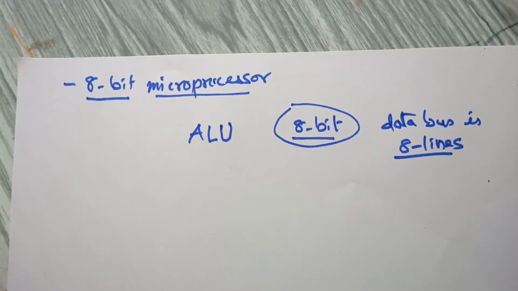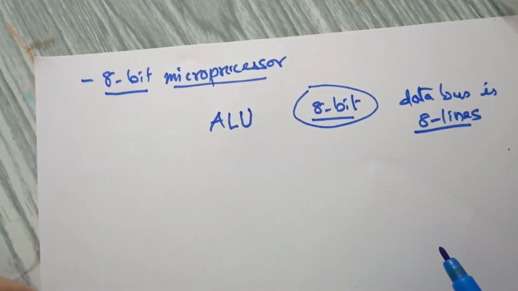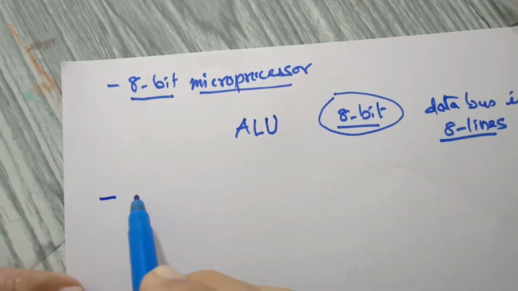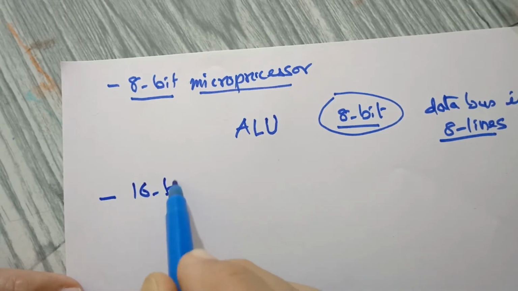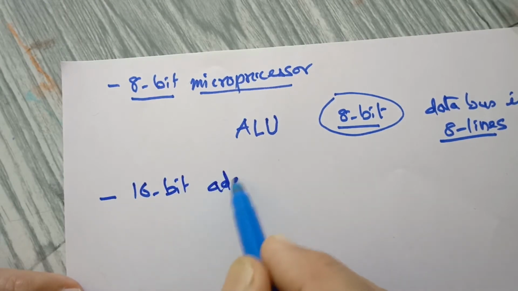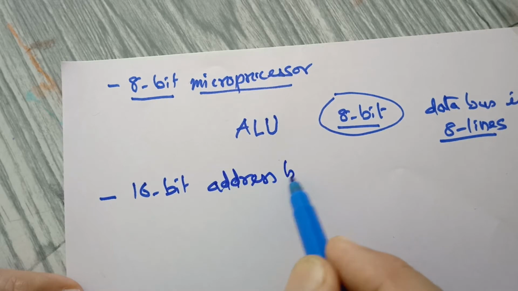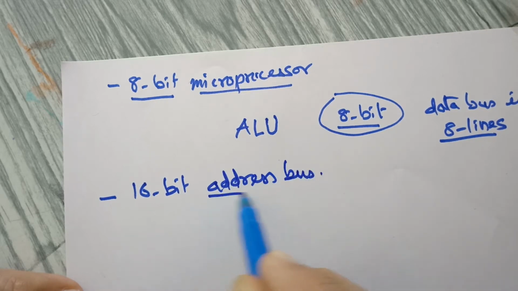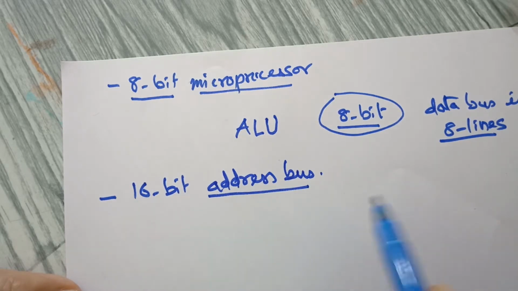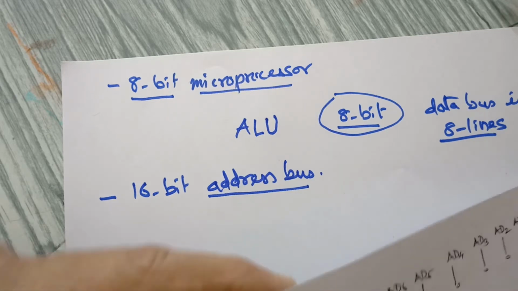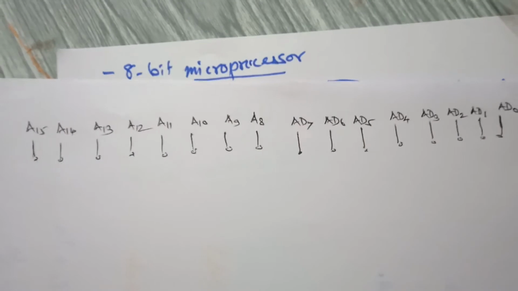Okay. The next feature is it has a 16-bit address bus. We have seen that the address bus carries binary bits, and it can carry a maximum of 16 bits. So this bus may look like this.